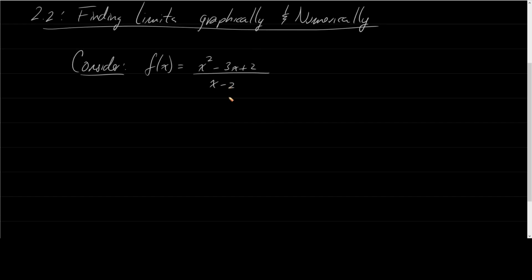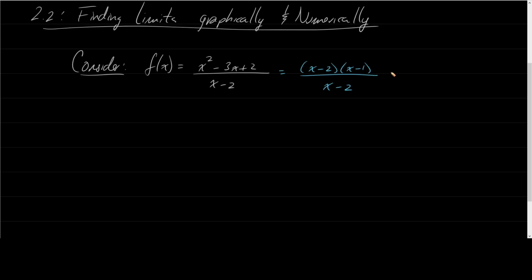All right, now this function can be rewritten. If I factor the numerator, it will be factored into x minus 2 times x minus 1, all of this over x minus 2, right? So that is what the actual function factors to.